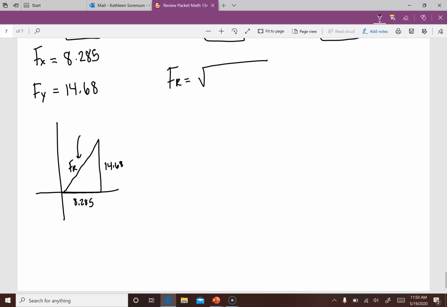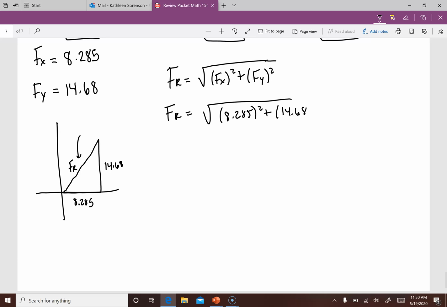It's going to be the square root of F sub x squared plus F sub y squared. Plugging right into that, I get 8.285 squared plus 14.68 squared. Those parentheses are really important if you have negatives. And then I get a resulting force vector of 16.86 newtons.